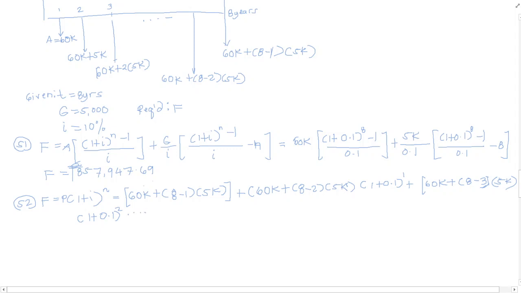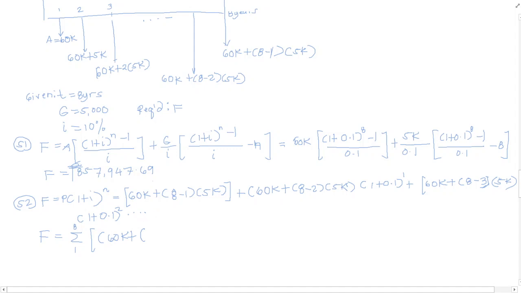So if we are going to have the summation for that, F is equal to the sum from the first year to 8 years of 60k plus (8 minus x).